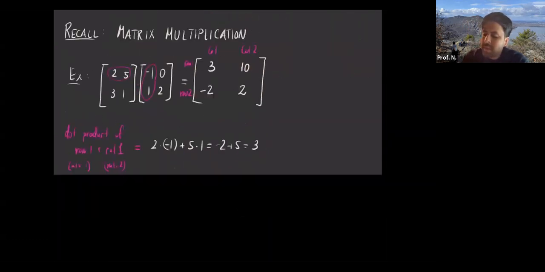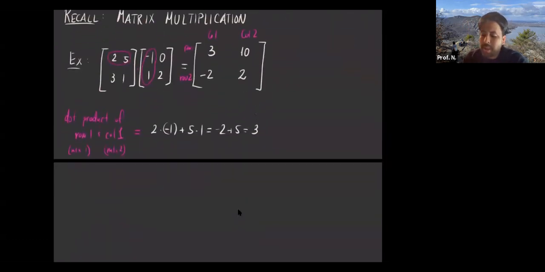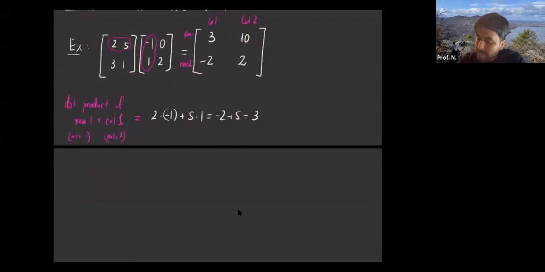I just want to make sure, does everybody see how we multiply things out? So how do I write this out in a general sense? What's the general rule for matrix multiplication?